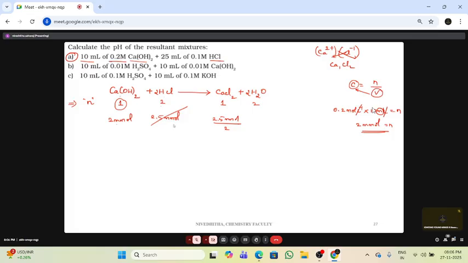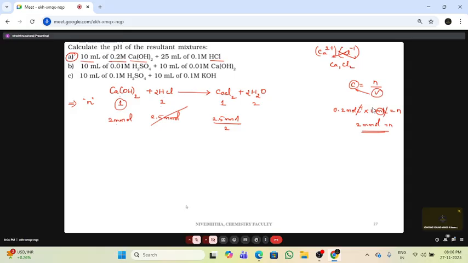How much was involved in the reaction? Half of 2.5 millimole, right? Yes.